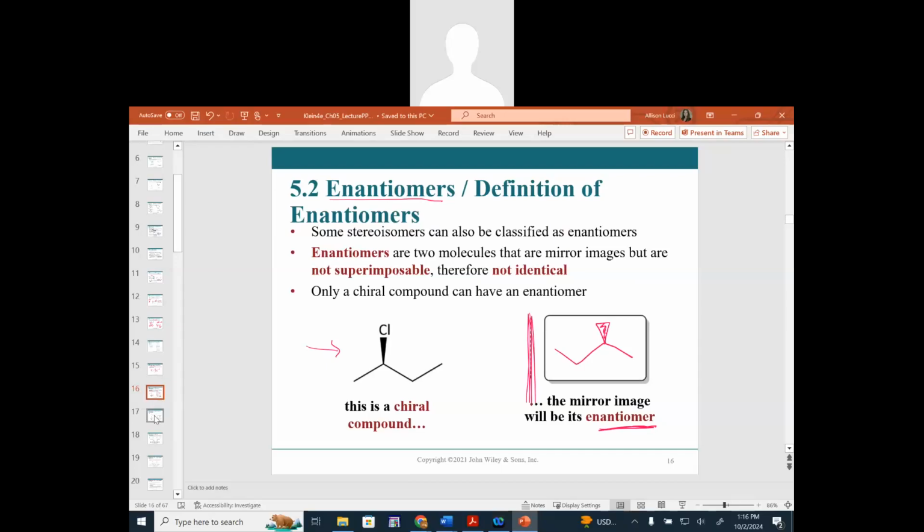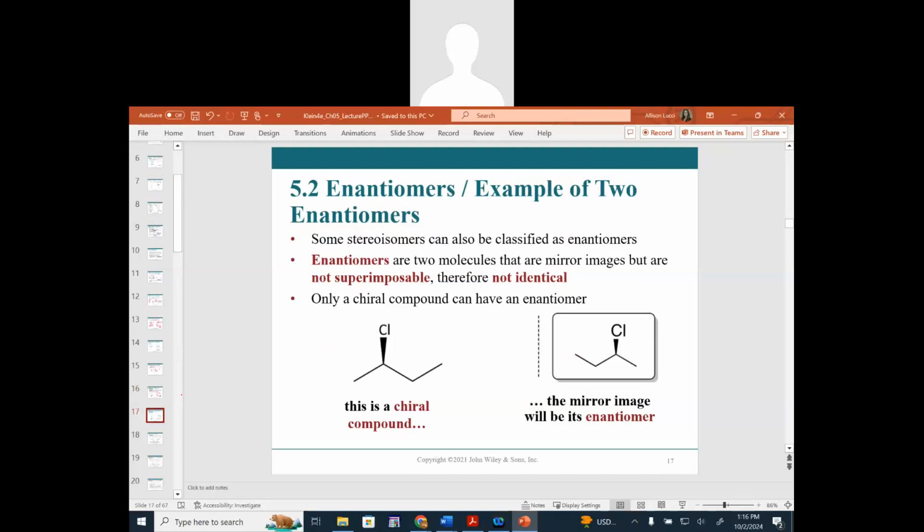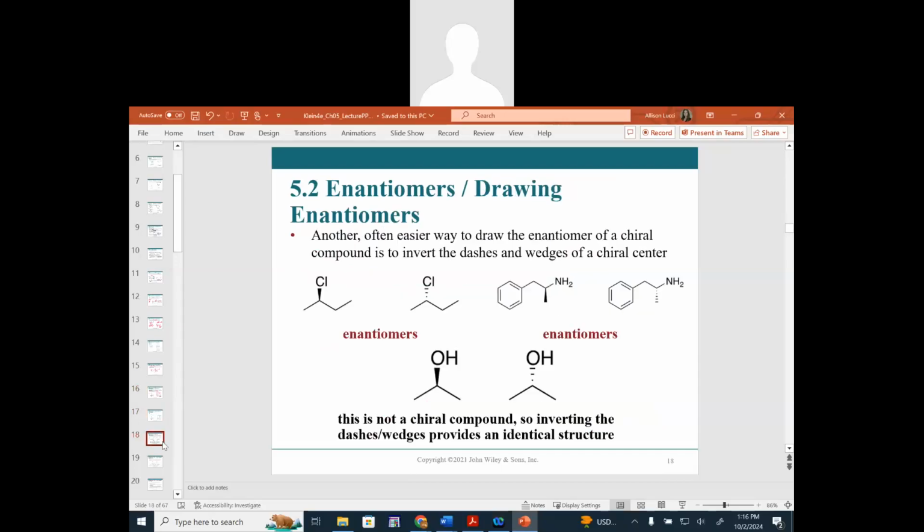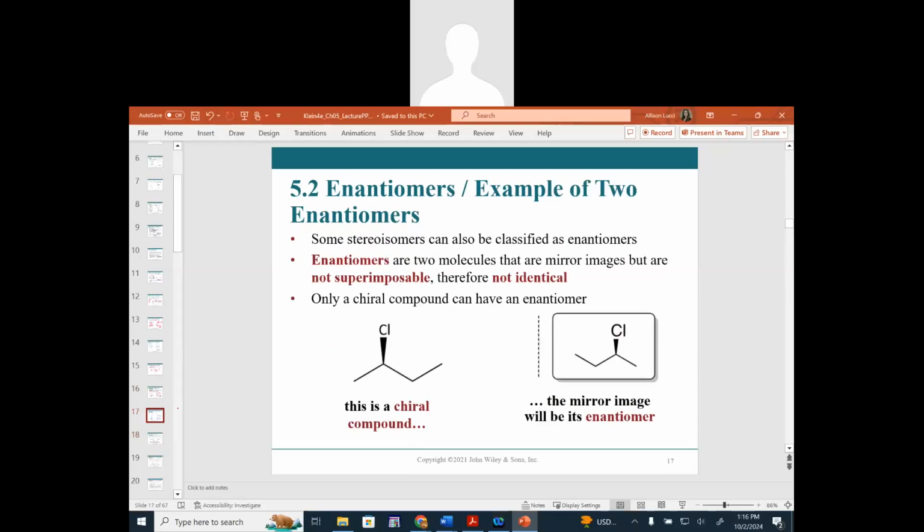You can do different reflections of your compound, whether the mirror is placed next to it, behind it, or below the compound. Depending on where your mirror is placed, you would generate your reflection in different ways. But no matter which way you reflect it, we can only have 1 enantiomer. So the enantiomer is shown here for this compound.